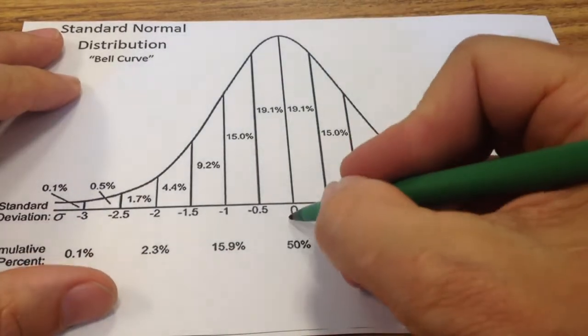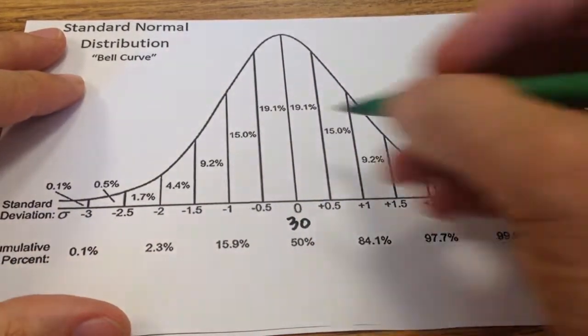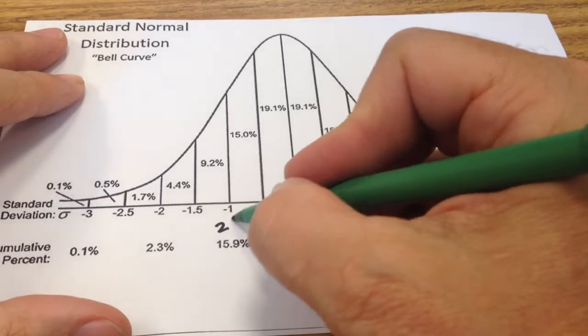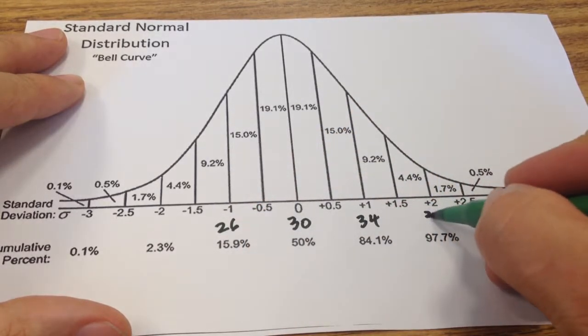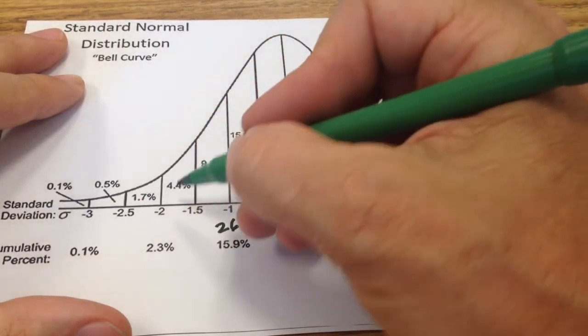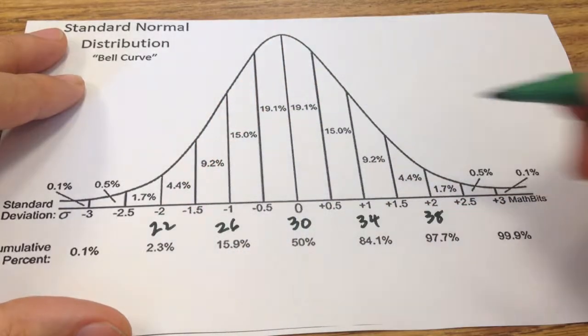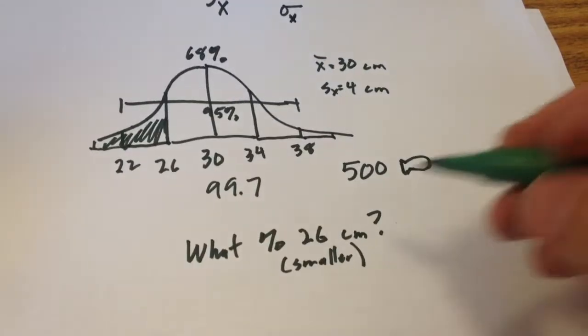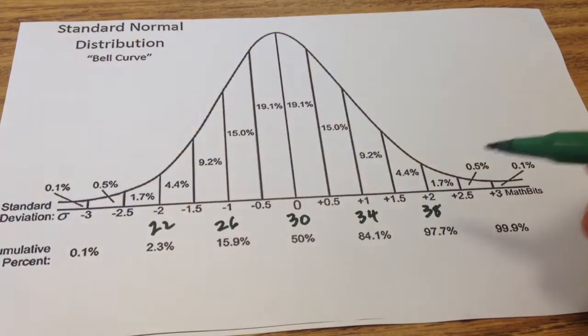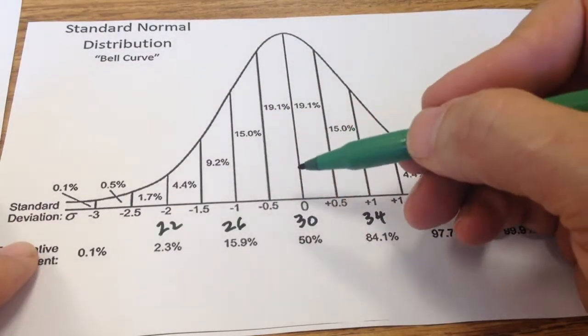And once again, we've got fish that are 30, and the standard deviation is 4, so 26 and 34. If I go out another 4, it's 38. If I go down another 4, it's 22. And I am looking for how many are below 26. 26 is 1 standard deviation away.